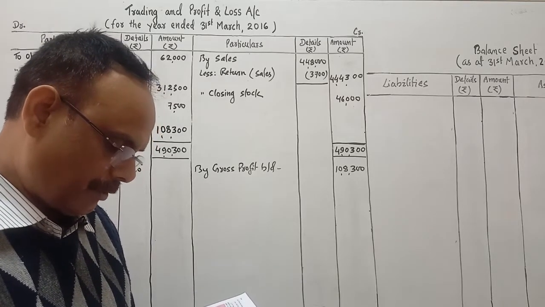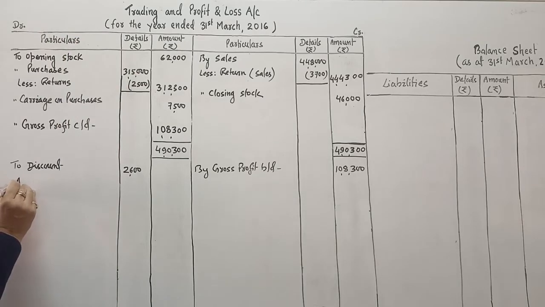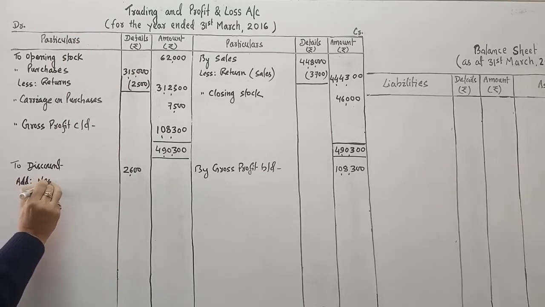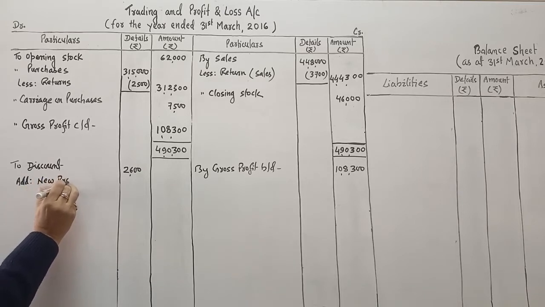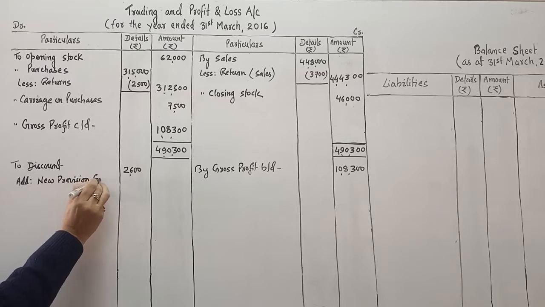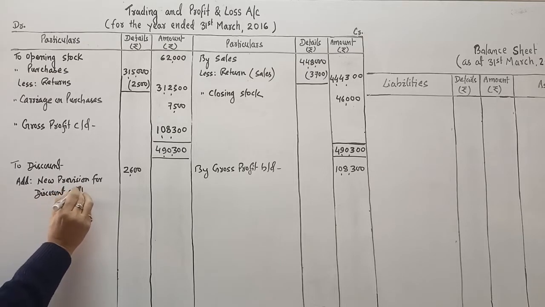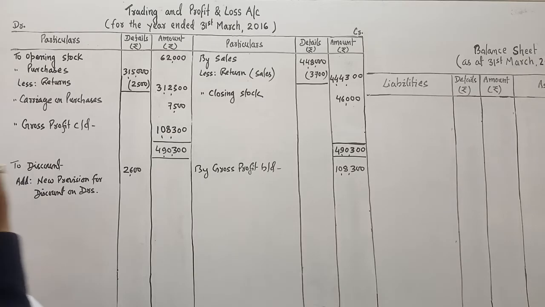There is a provision for discount on debtors. So we will add the new provision for discount on debtors.